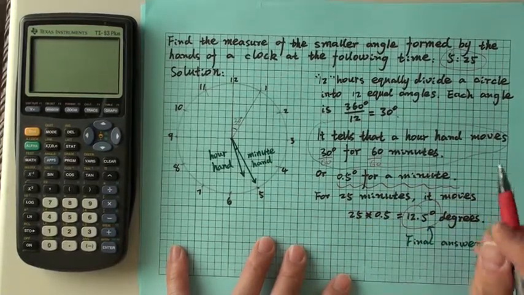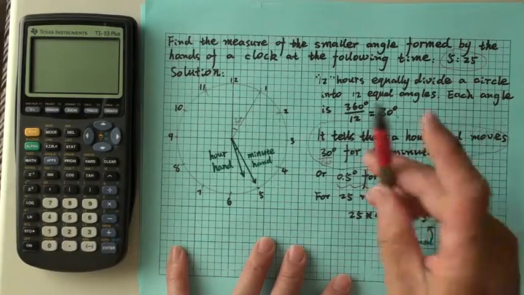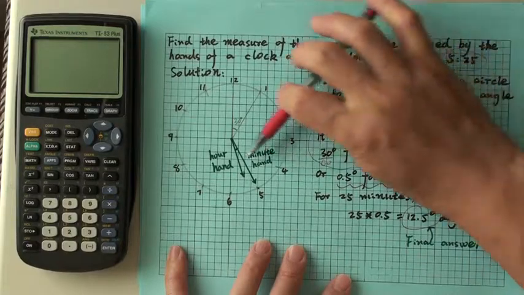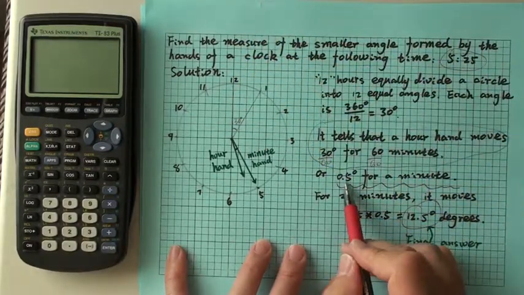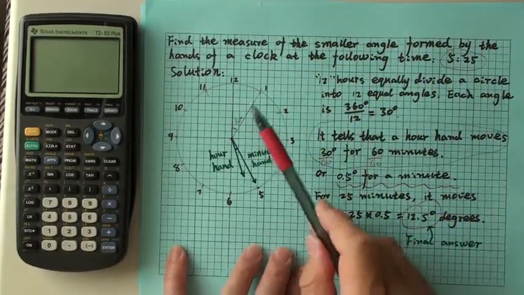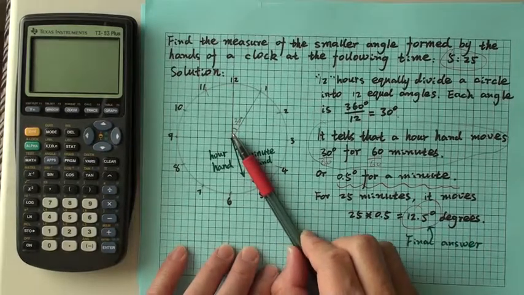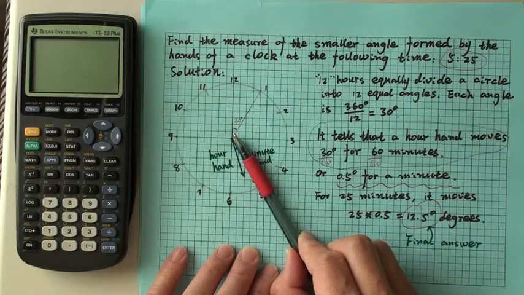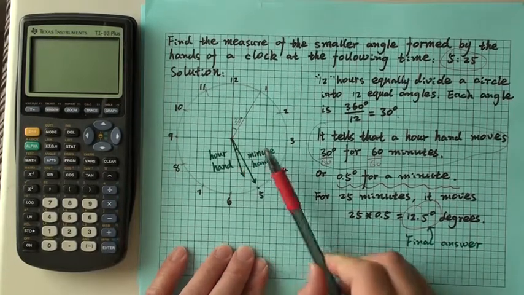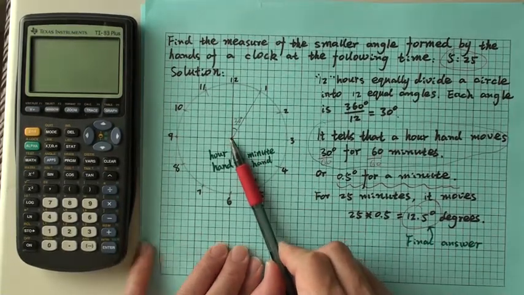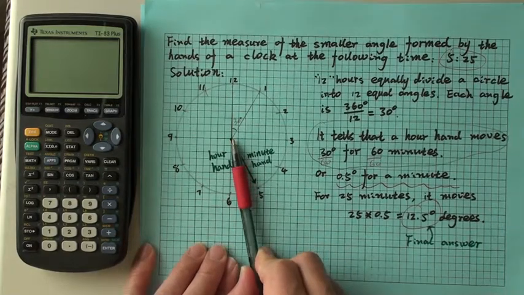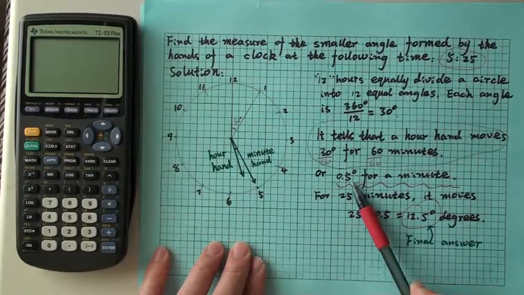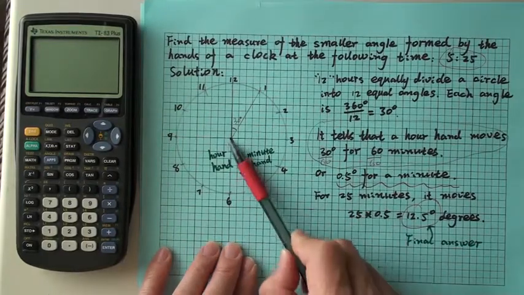So for every minute, the hour hand moves a little bit. How large? It moves 0.5 degrees. So if it were exactly at 5 o'clock, then 1 minute later it moves a little bit, like that. Another minute moves more, another minute moves more. But each minute it moves 0.5 degrees.